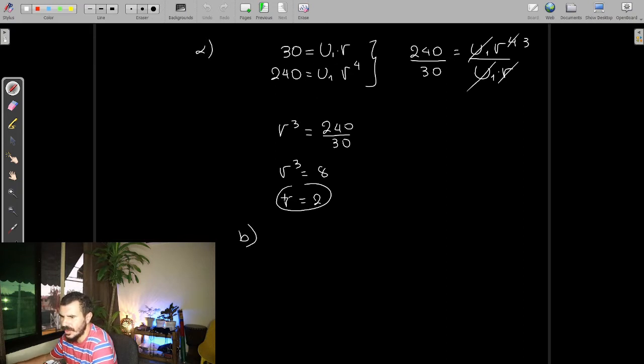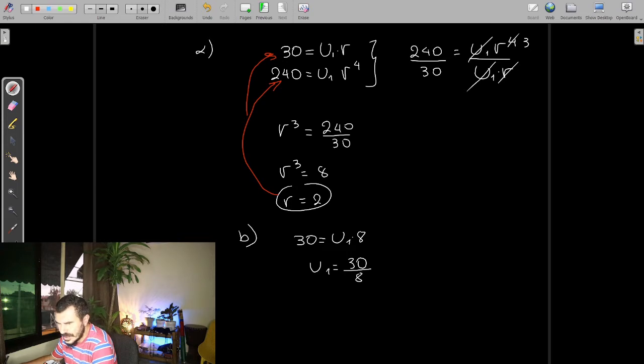So if I take r and substitute it here or here, I will get U1. You choose which one to substitute. I will take the first one. So 30 is U1 times 8, which means U1 is 30 over 8. Let me see how much is exactly.